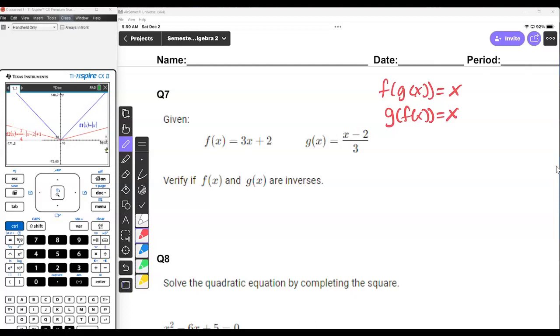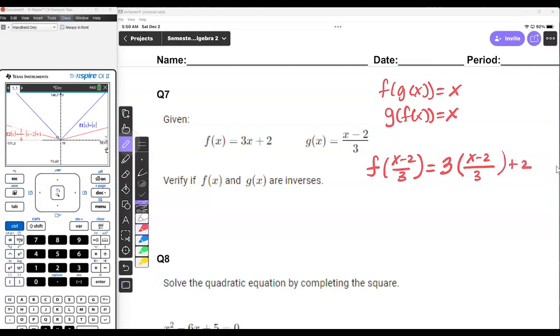So we have g of x equals x minus 2 divided by 3. So you have f of g of x: 3 times x minus 2 divided by 3, and then it's going to be plus 2, right?